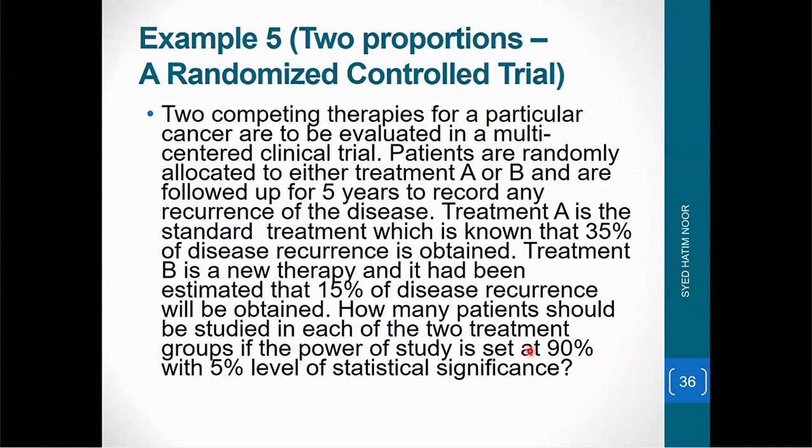The power of the study, RCT, we set as 90%. Alpha will be 5%. Now remember, we have P0 and P1. Which one is your interest? Which one is your control?